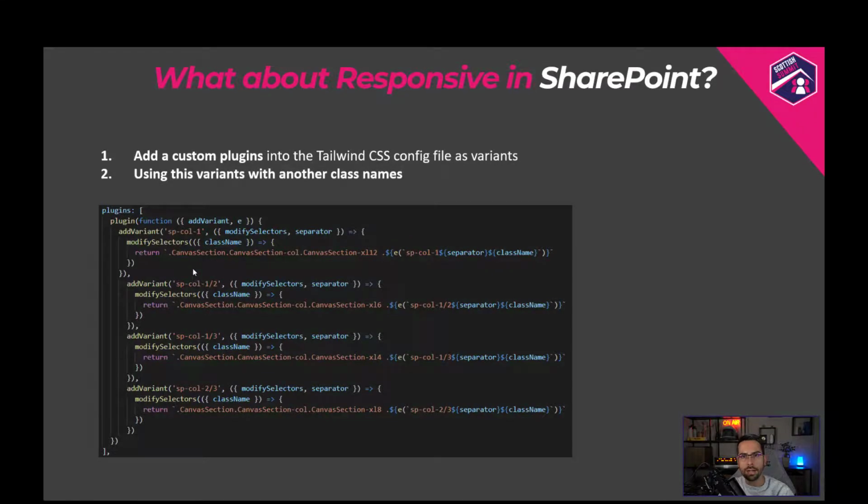Basically, when Tailwind CSS is built, we use this plugin to generate our variant for all the selectors that we use with this variant.